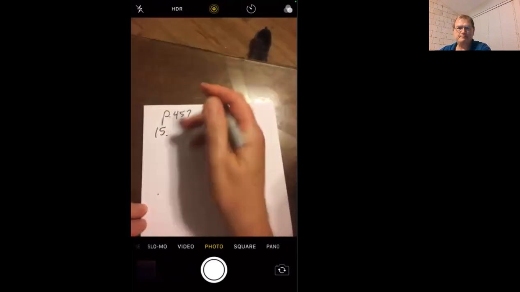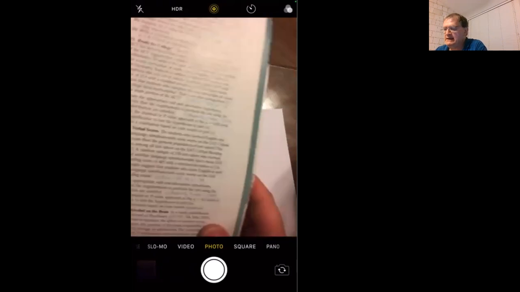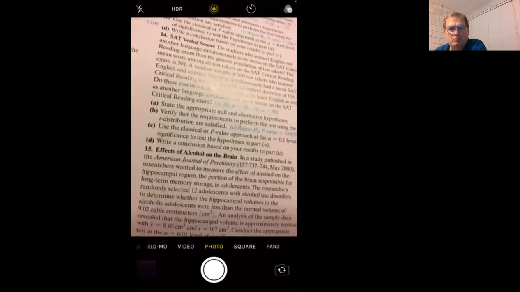Why don't we try number 15, page 457, effects of alcohol on the brain. They give you a little anatomy lesson about the brain. A study published in the American Journal of Psychiatry: researchers wanted to measure the effect of alcohol on the hippocampal region. Here's your anatomy lesson.